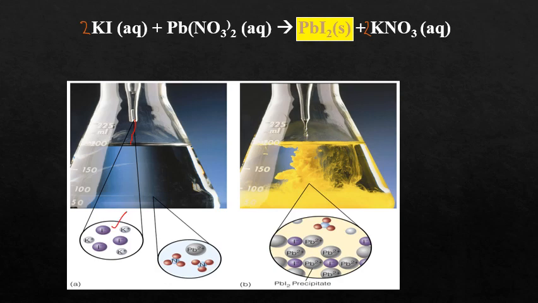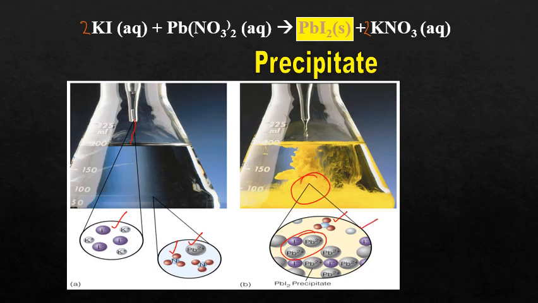This is the particle diagram: potassium ion and iodide ion combining with the ions already present in the solution, which are lead ion and nitrate ion. You are getting a precipitate, a yellow precipitate forming here from lead ions and iodide ions, and NO3 minus ions and potassium ions are floating around in the solution.